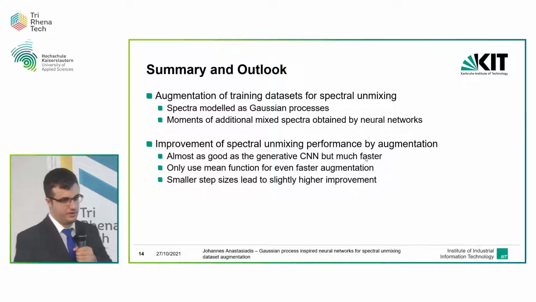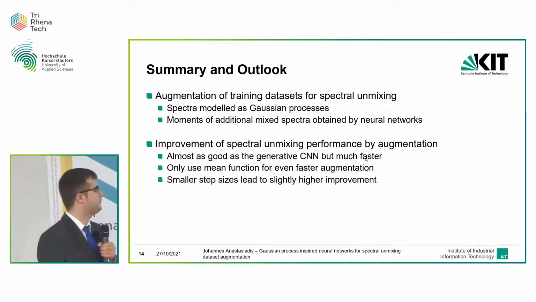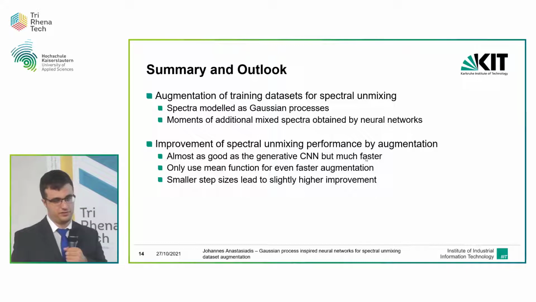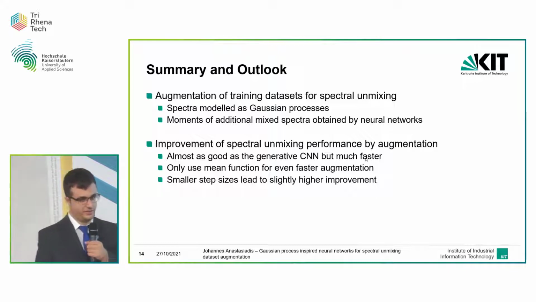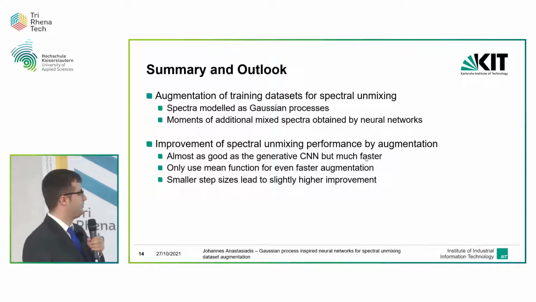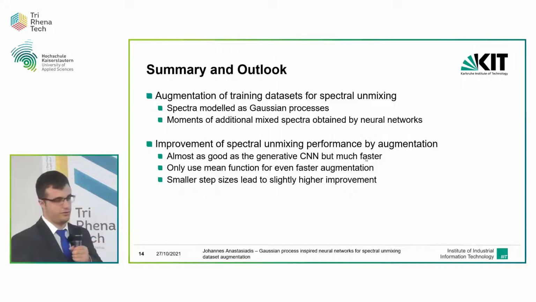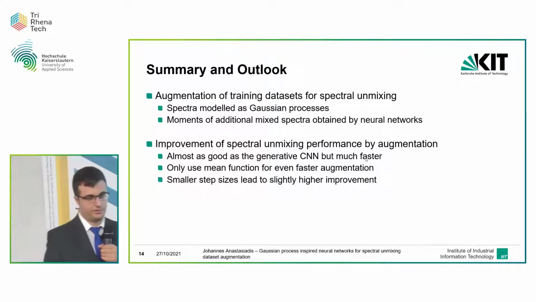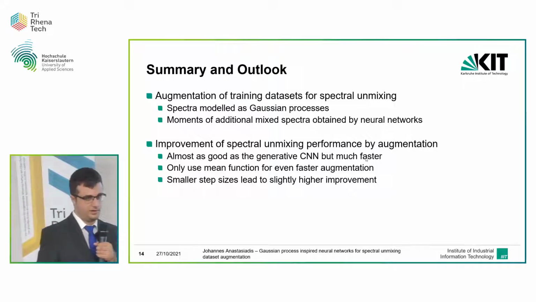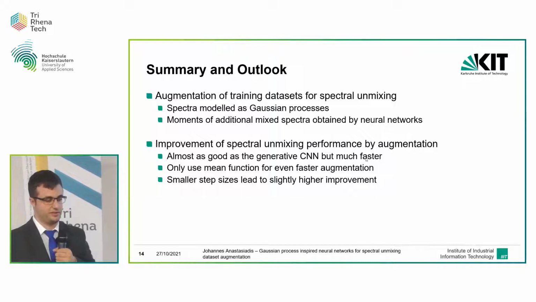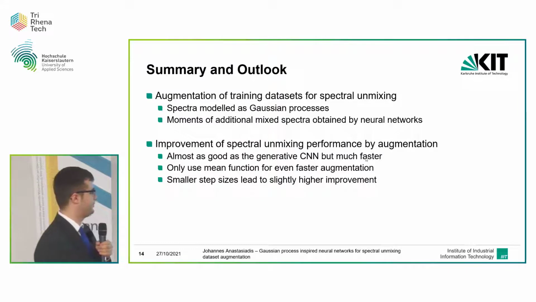Now I want to summarize the presentation. I presented an augmentation strategy for spectral unmixing datasets. We modeled the spectra as Gaussian processes and used neural networks to obtain the moments of those Gaussian processes for additional abundance vectors.